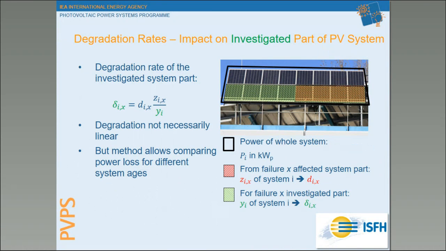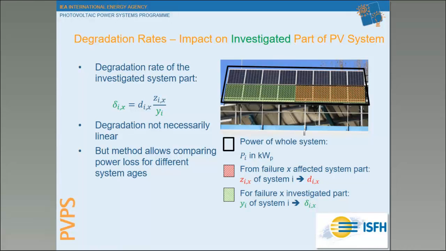If we go one step further, we also like to calculate not only the degradation rate of the affected part, but of the overall investigated part of the whole system. That means this degradation rate, delta Ix, is defined as the degradation rate of the affected plant multiplied by the ratio of the affected divided by the investigated part.